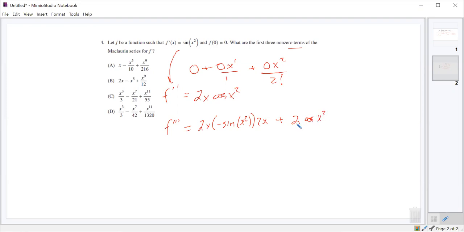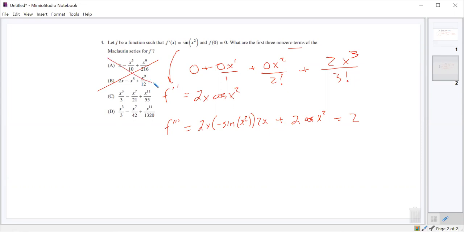So that one's going to end up equaling 2. So we're going to end up with 2x cubed over 3 factorial. So our first non-zero term is just going to be x cubed over 3. That gets rid of choices A and B for us.